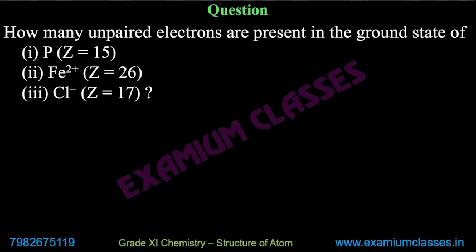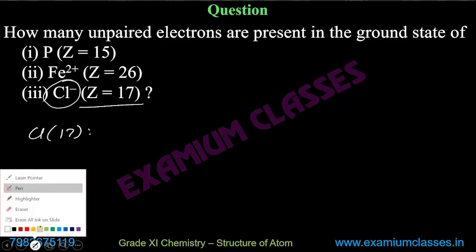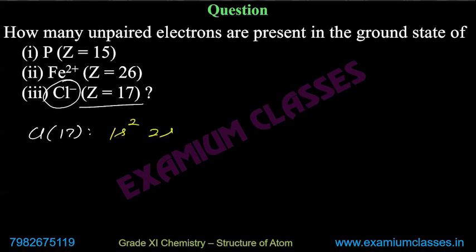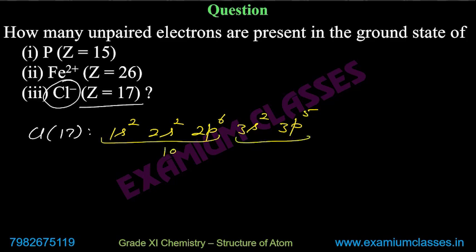Next is chlorine. That is chloride ion here. So write the structure of chlorine first. Chlorine 17 structure: 1s2, 2s2, 2p6, 3s2, 3p5. 10 plus 7, 17.